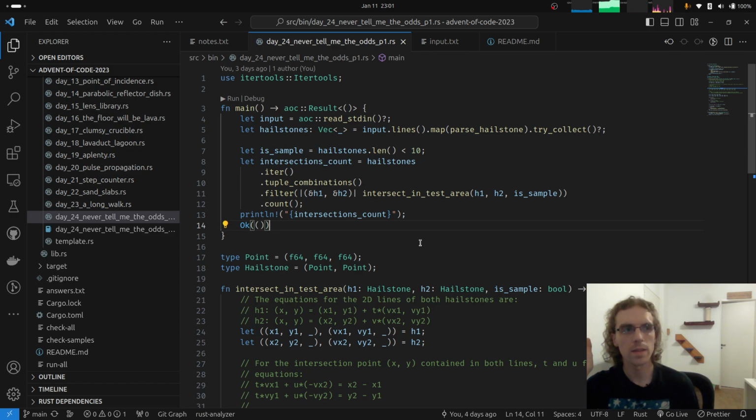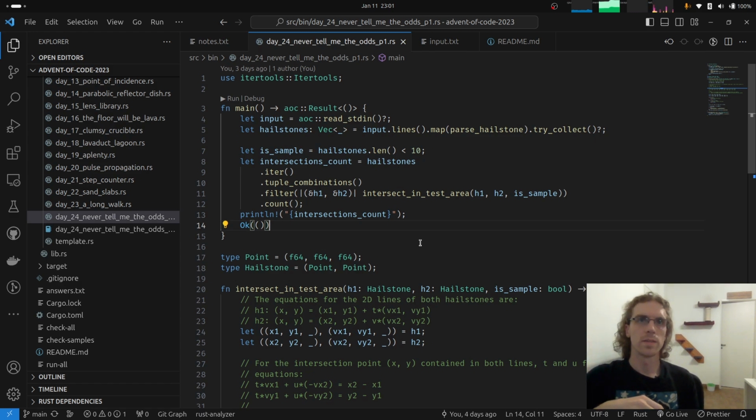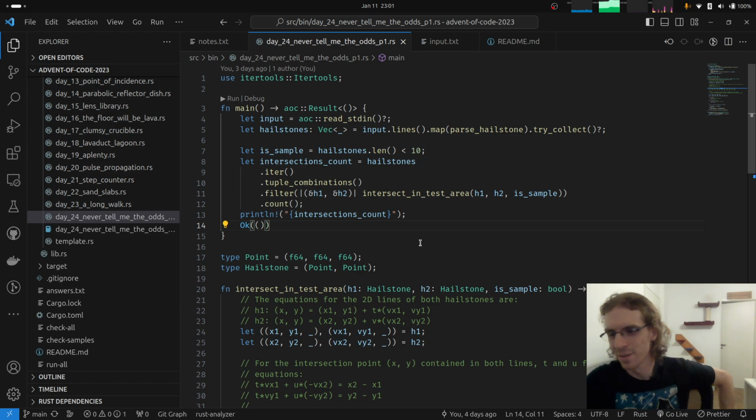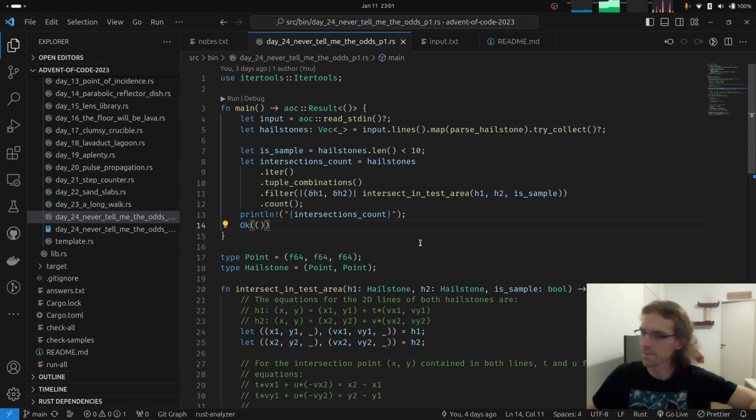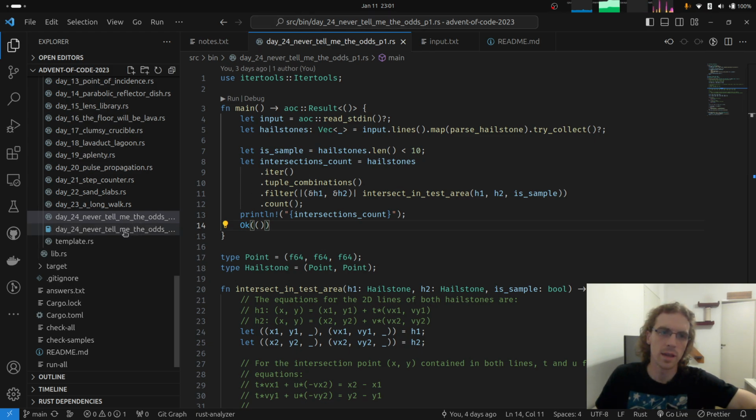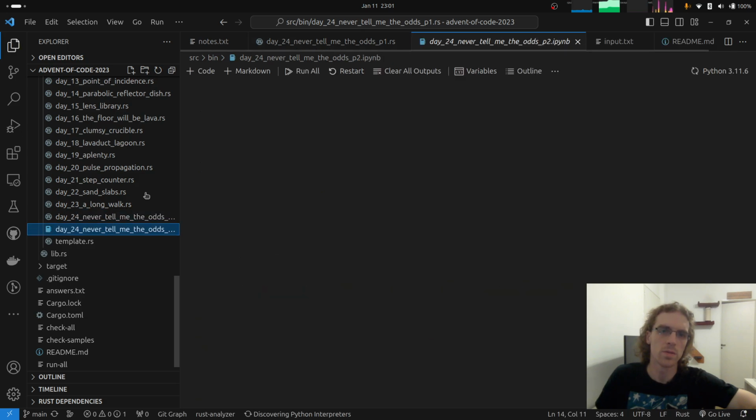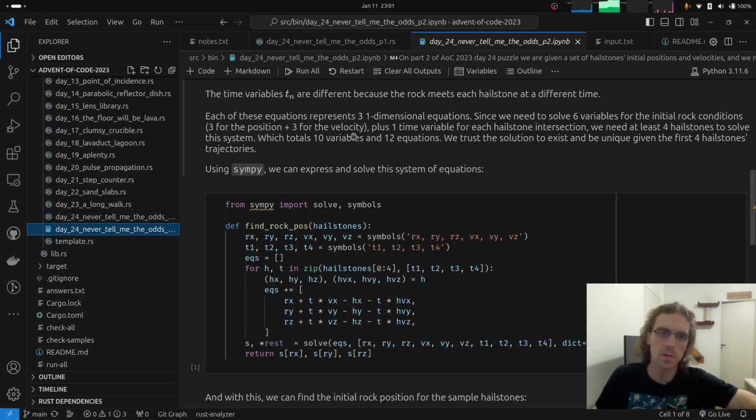I think all of that algebra would have been relatively easy, at least it's all linear algebra. And I think I could have done it in Rust with my very dusty knowledge of university algebra, but I actually like the solution that I came up with of solving this system of equations.